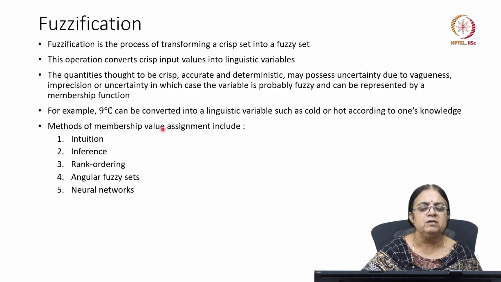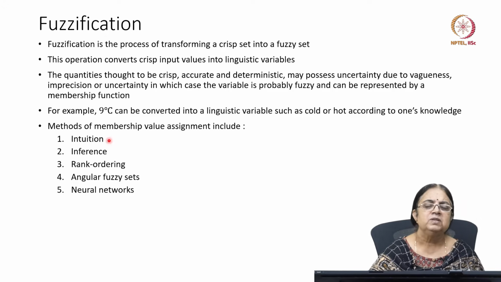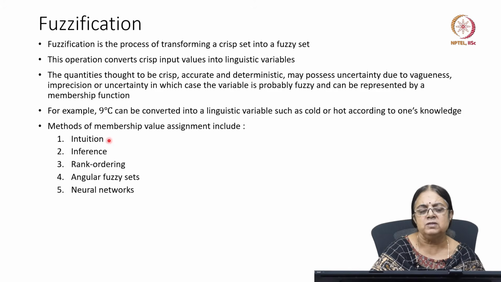So, how do we find the membership value assignments? So, there are a number of ways in which we do it. I will not go into the details of that. So, first one is by using intuition. If you take something like height of a person or the temperature, etc., you could just use your intuition.